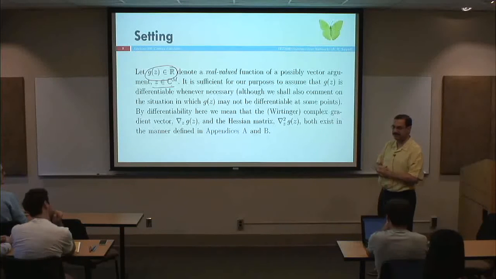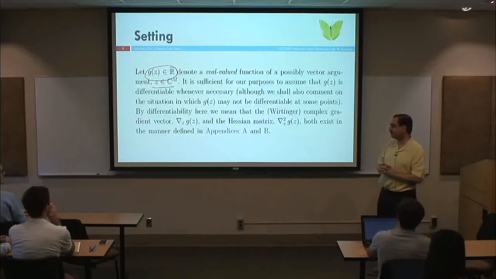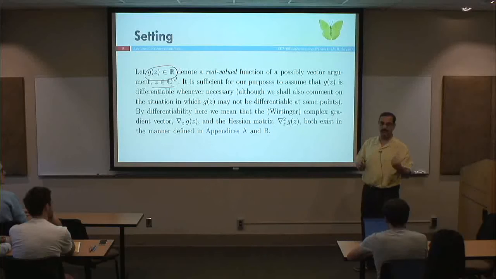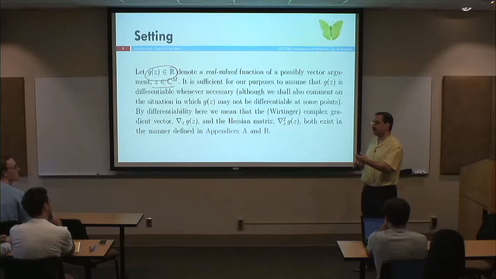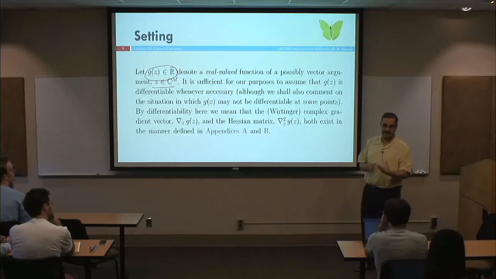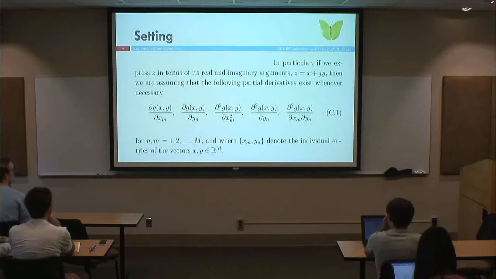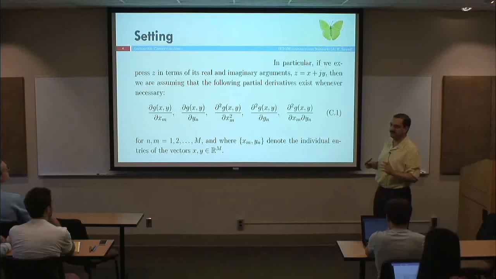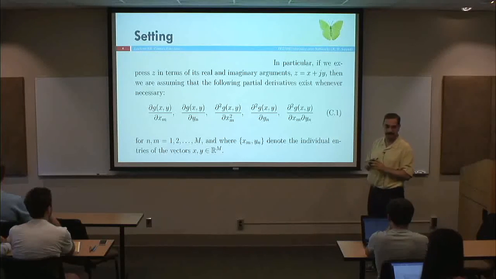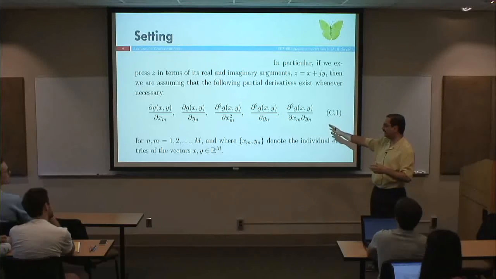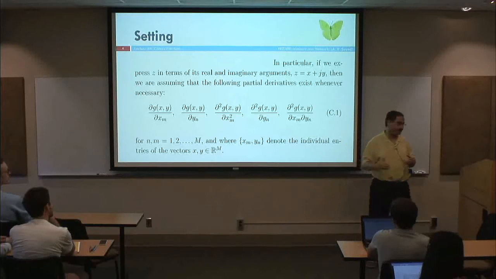If I write down gradients or Hessian matrices, that's because I'm assuming that whatever first order derivatives, partial derivatives that you need relative to the real part of z, the imaginary part of z, and so forth, that they exist. Very good. So that's my setting. This is my function. And these are the partial derivatives that I'm going to assume exist whenever needed, first order or second order, relative to the real and imaginary parts of z. That's what x and y mean. z is x plus jy.